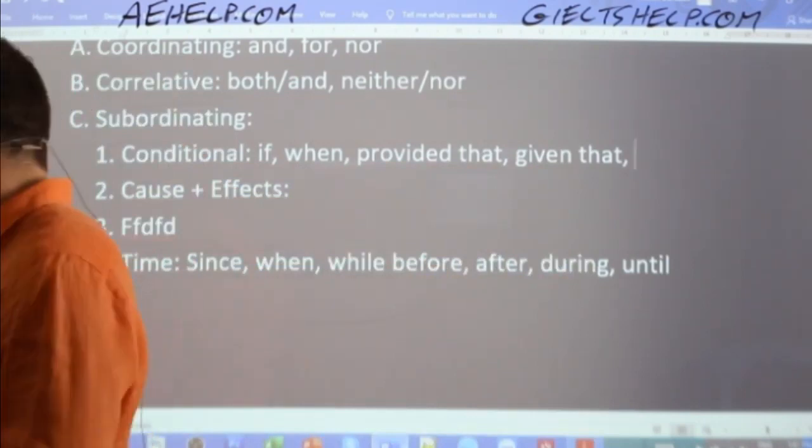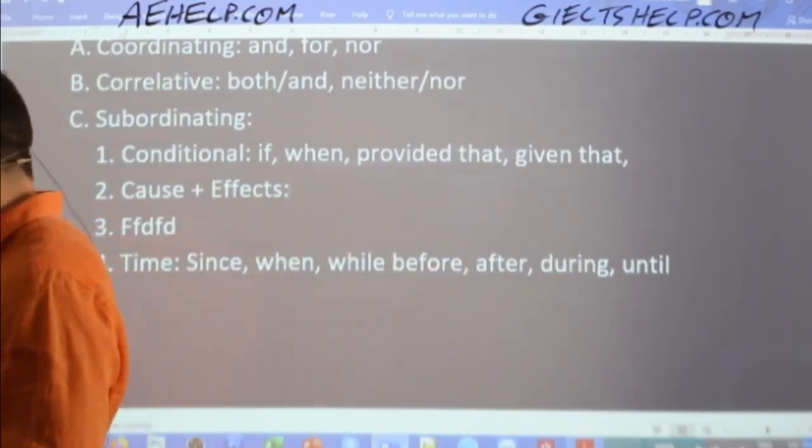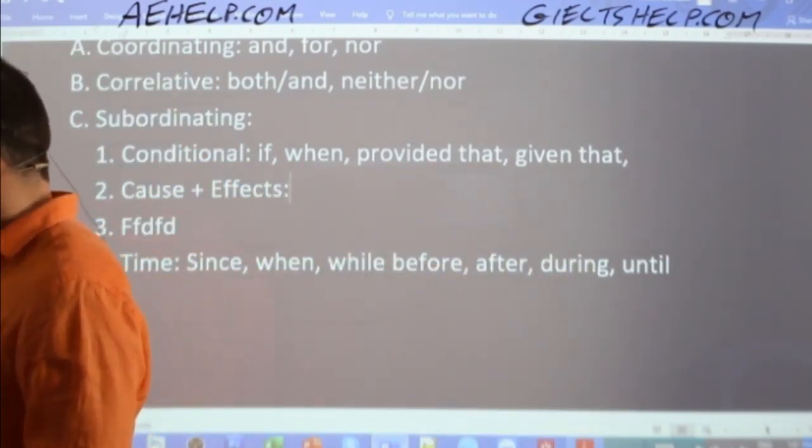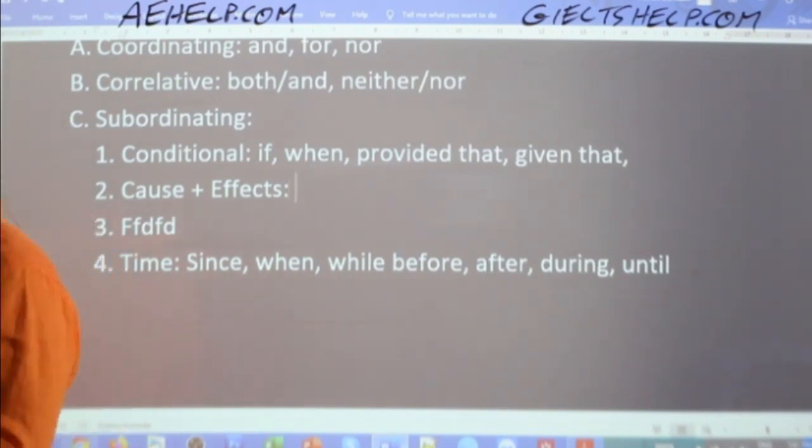Cause and effect. Cause and effect, we use because. And we also use since.